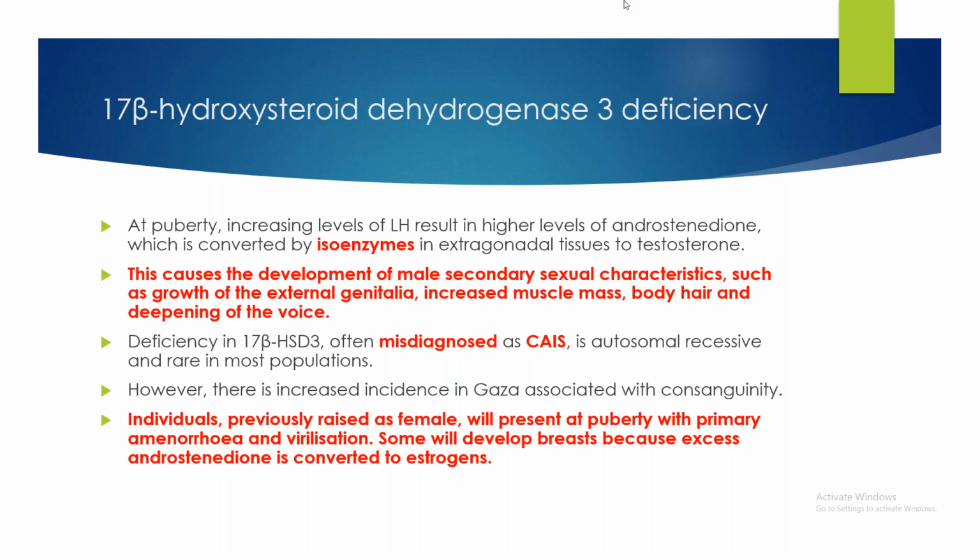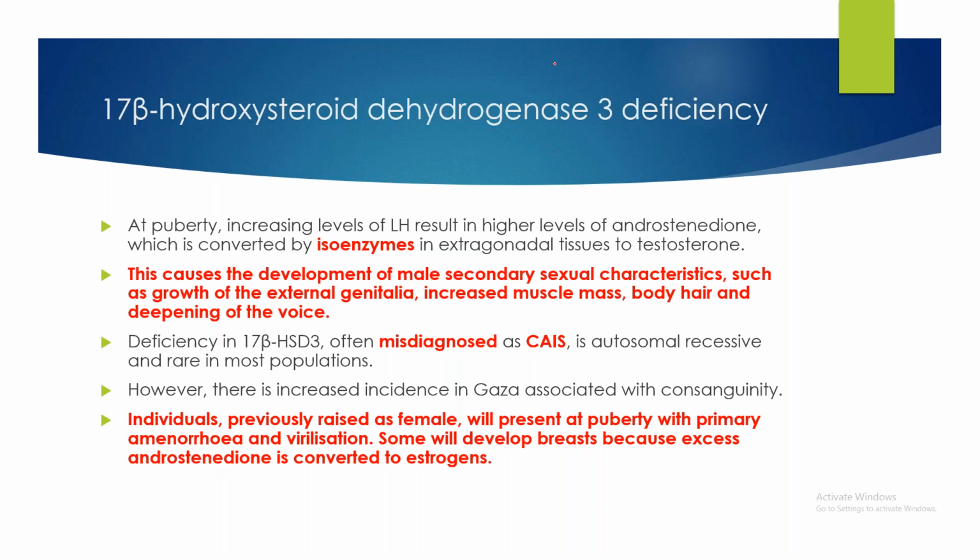Now, at birth, they are usually misdiagnosed as complete androgen insensitivity syndrome, but this enzyme deficiency is autosomal recessive, while androgen insensitivity syndrome is autosomal dominant. This enzyme disorder is very rare, but there is increased incidence in Gaza because of consanguineous marriage. So what happens at birth?